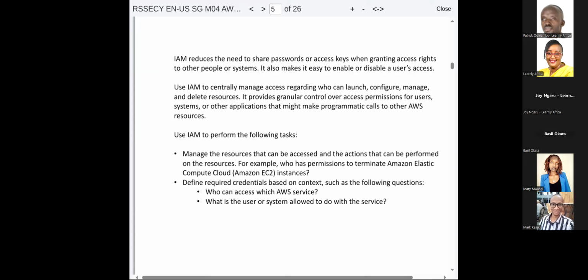And then I'm going to specify for my users what they can do. The reason is you want to have eyes on all your resources, all your services. You do not want a scenario where everyone has all the access, that they can create whatever they want, delete whatever they want, manage whatever they want.